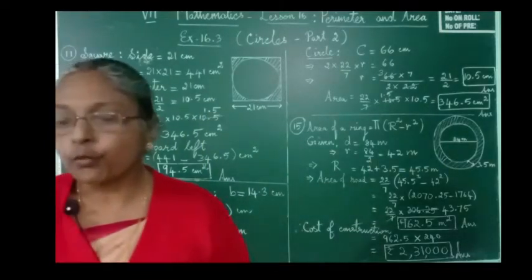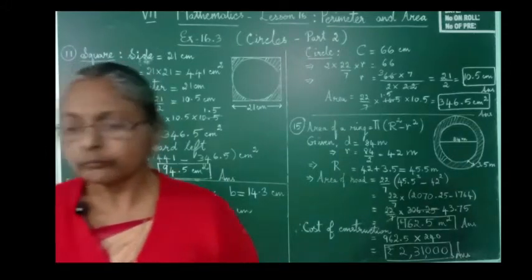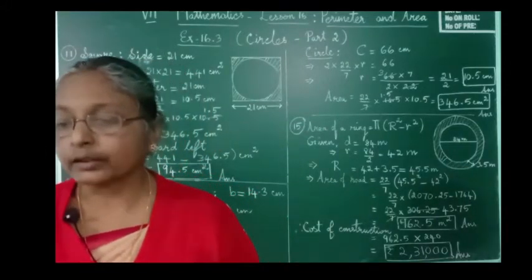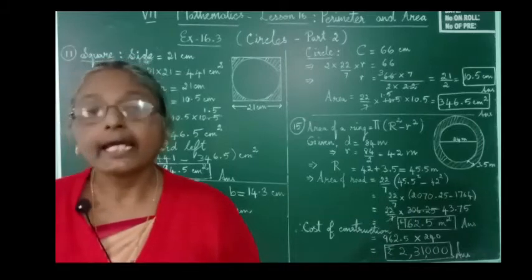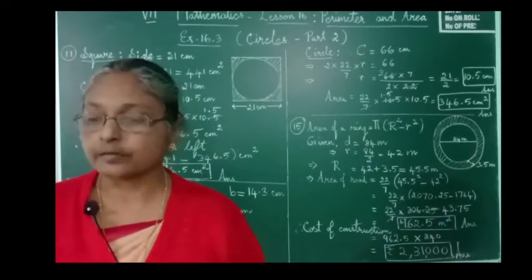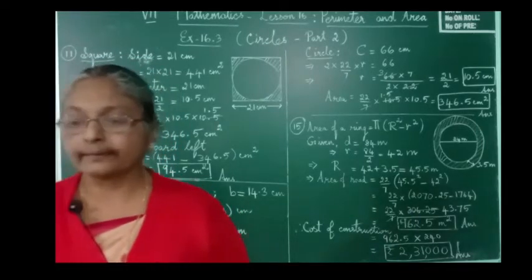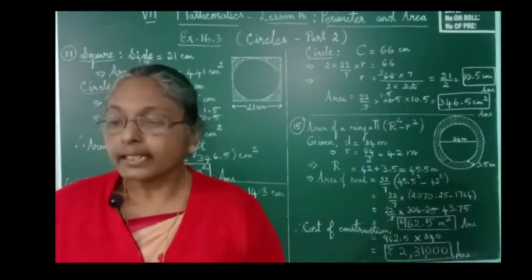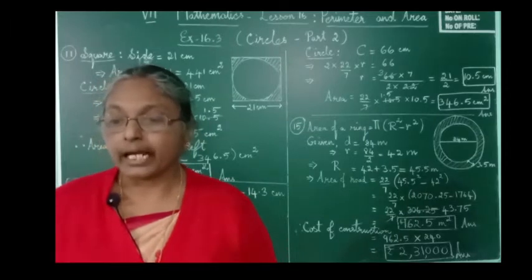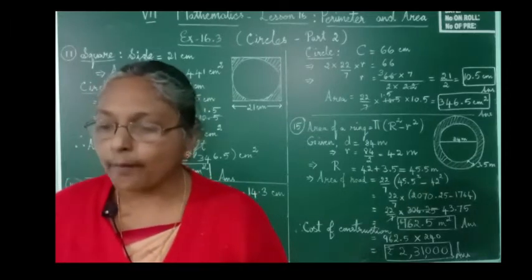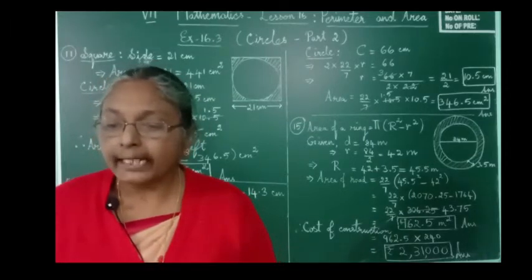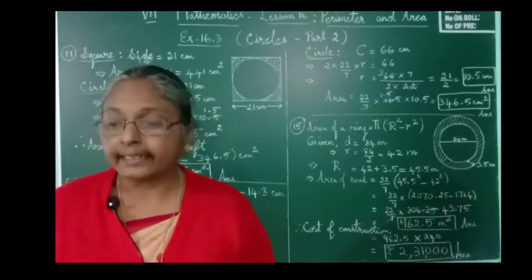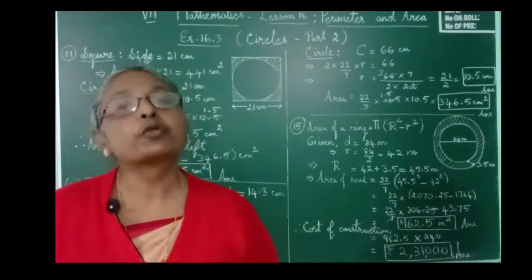Now, we can see the 14th sum in your book. A wire is in the form of a rectangle 18.7 centimeters long and 14.3 centimeters wide. If this wire is reshaped and bent in the form of circle, find the radius and the area of the circle so formed.